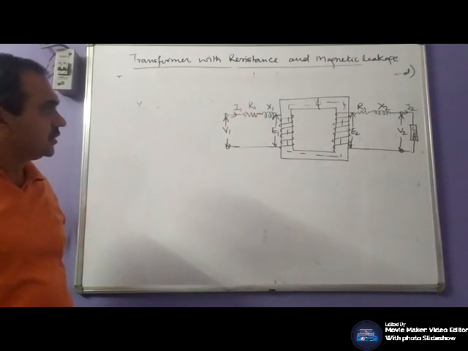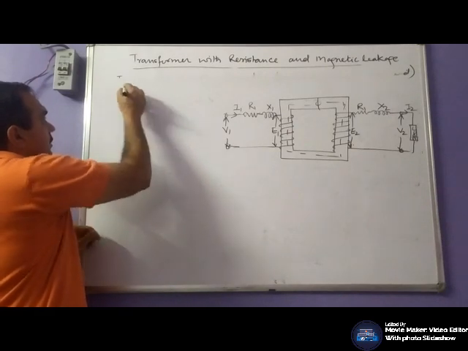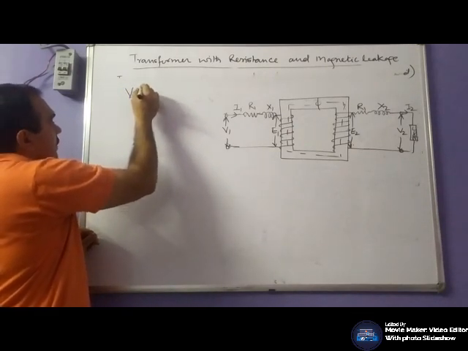Now, what would be the relationship between V1 and E1?